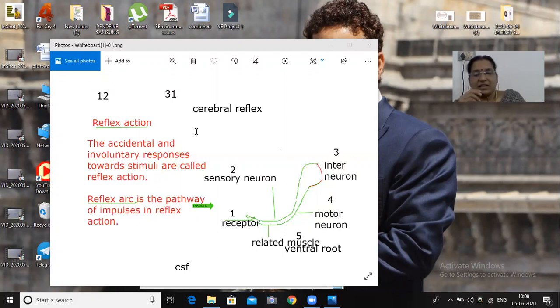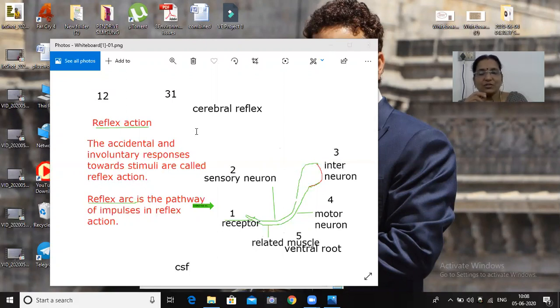As we studied earlier, thalamus is one of the important parts of the brain. All the messages are analyzed or processed before they are sent towards the brain. So it takes time. If the action takes place after some time, the part of the body is damaged.